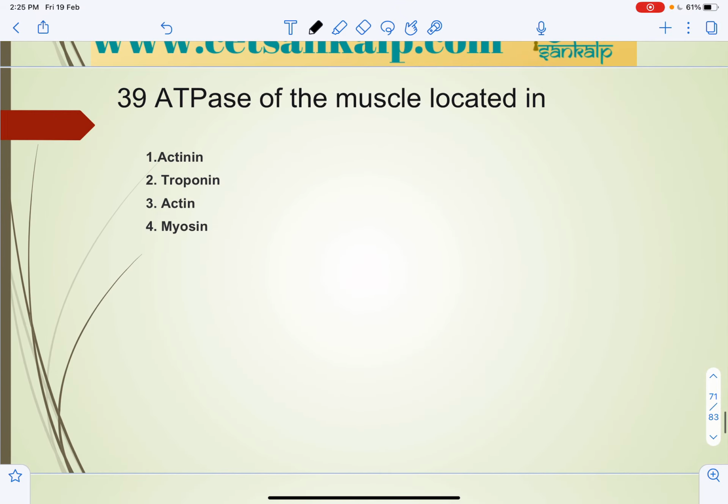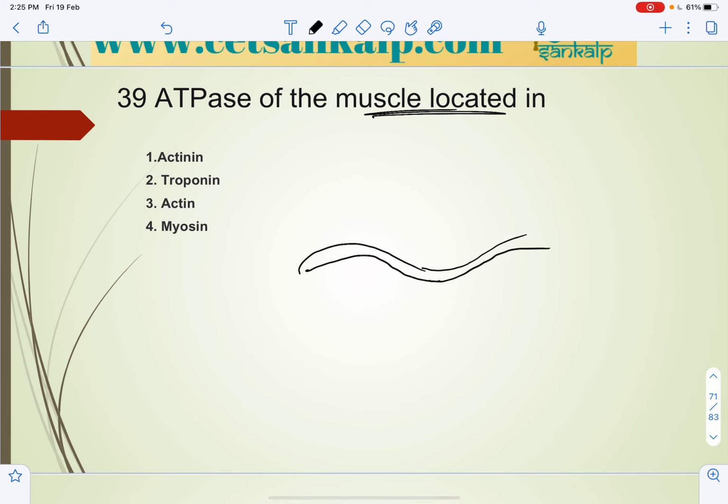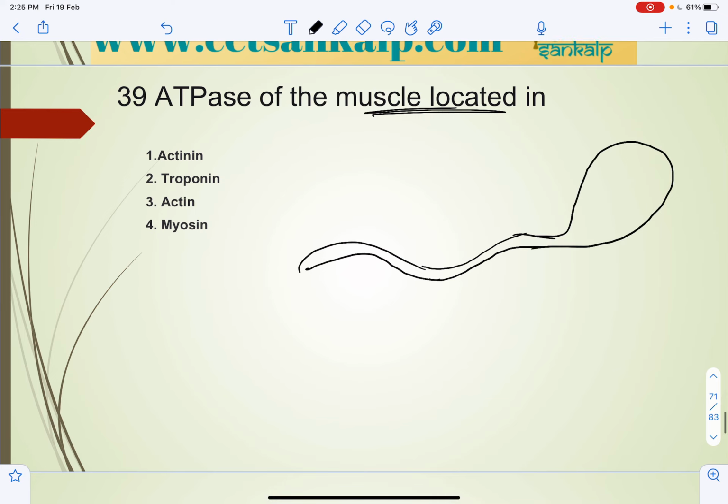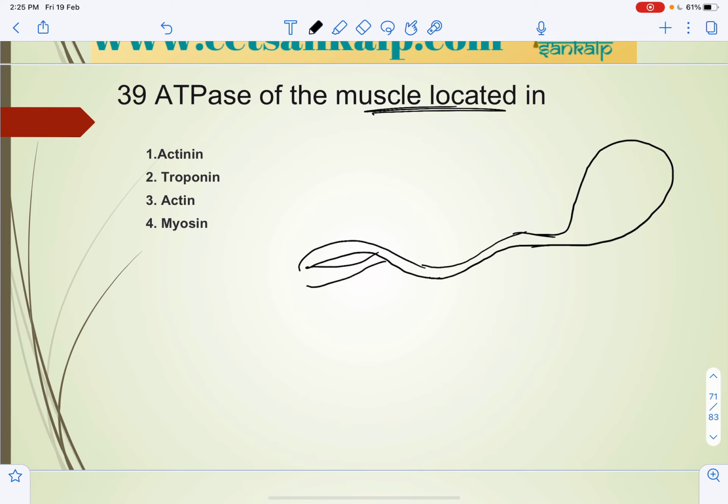ATPase of the muscle is located in... This is in the structure, we can recollect that. We can take this in the next part. Here we can see the head of the myosin.